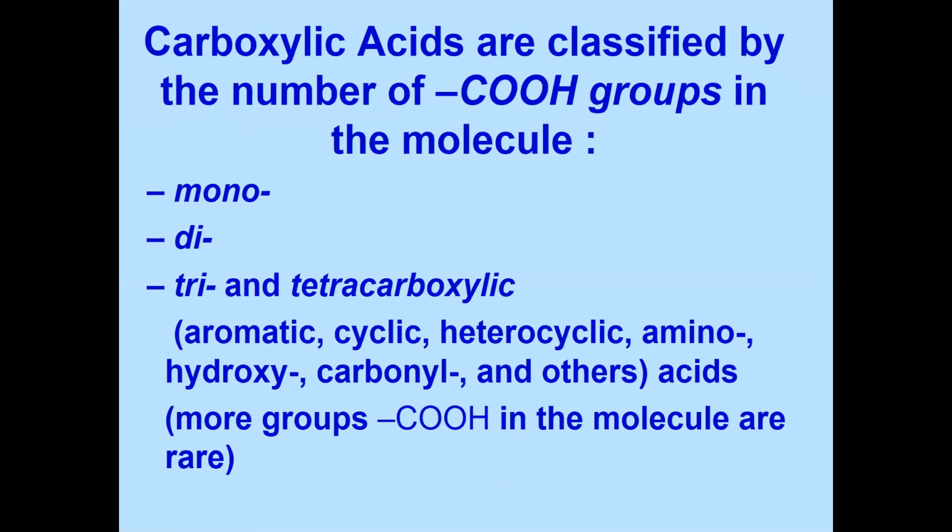Carboxylic acids are classified by the number of carboxyl groups in the molecule: mono, di, tri, and tetracarboxylic, aromatic, cyclic, heterocyclic, and other acids. More groups of carboxyl in the molecule are rare.